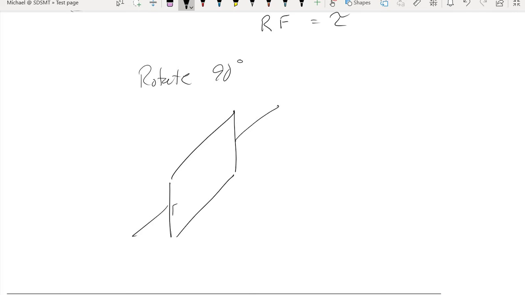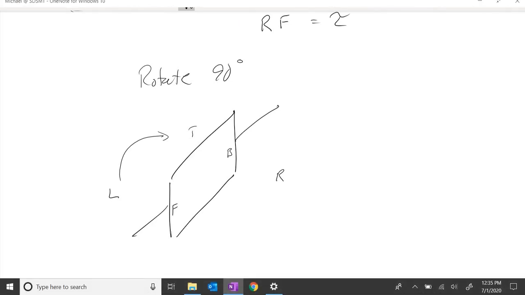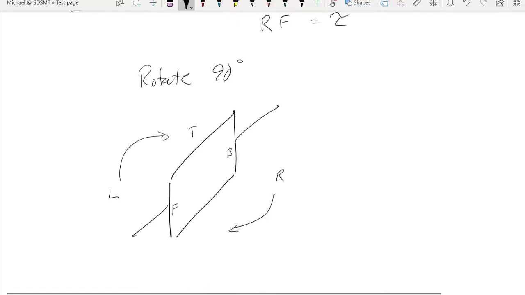We still have the front face and the back face, but the left face has now become the top face of the coil, or I guess I should be saying legs, not faces. And the right hand leg of the coil has now become the bottom leg of the coil. So call that bottom and back.